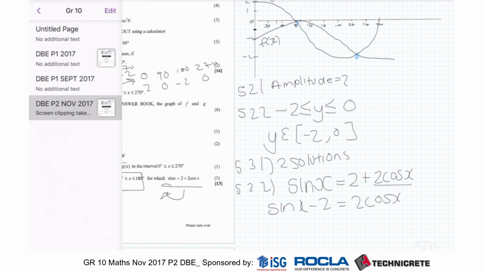So it's going to be from here, 270, going down to 180. So it's going from negative 2 up to 1. Every unit is shifted 1 unit down.